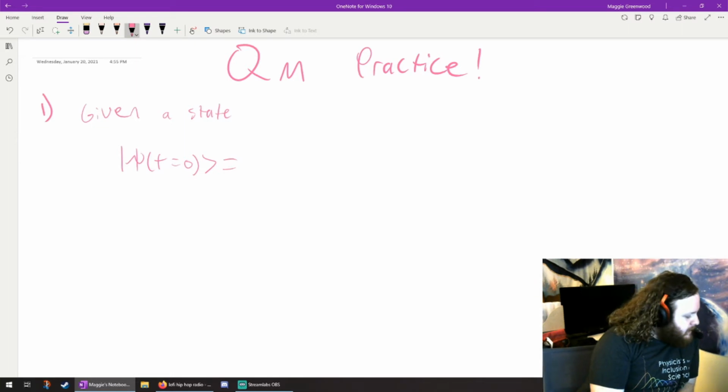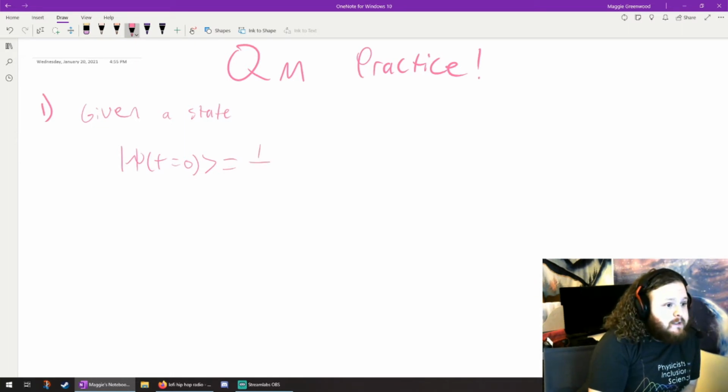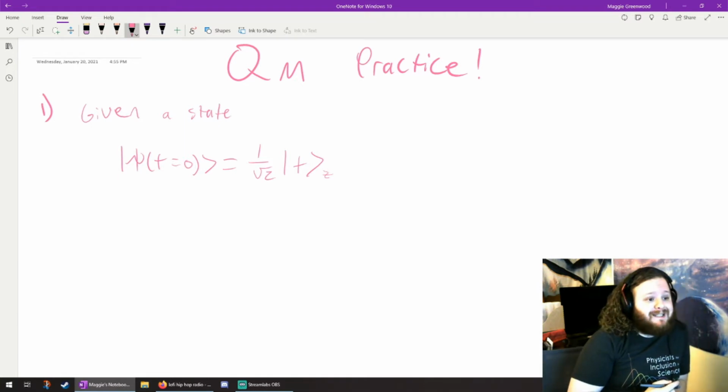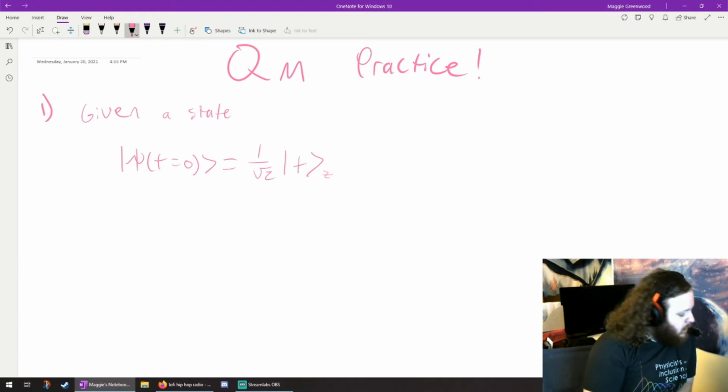And that state is represented in the z basis as some normalization factor times the plus. And in fact, I'm going to throw down a little z here on the bottom just to remind myself that that state is being represented in the z basis.